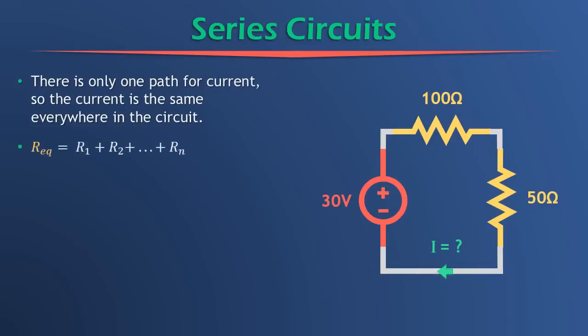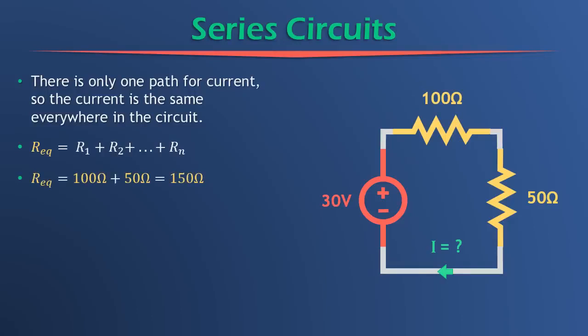Now if we have multiple resistors in our circuit, then we can simplify multiple resistors down to one equivalent resistance. We can do that using a very simple equation that says R equivalent equals R1 plus R2 plus all the way up to Rn, which is the nth resistor. So in our particular instance, we have a 100 ohm resistor and a 50 ohm resistor in series.